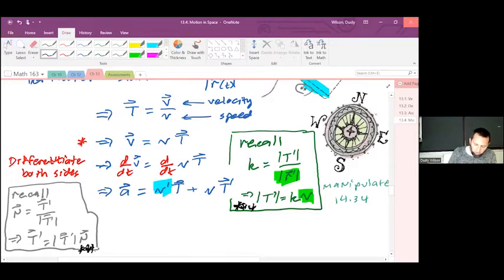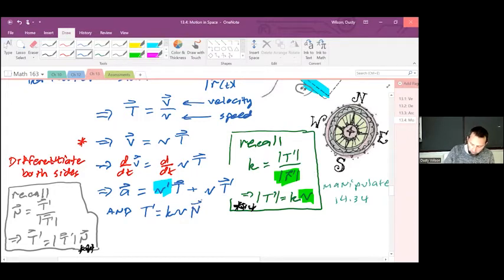And so combining these two things, we know that T prime is equal to kappa times the speed and it's also times the normal vector.